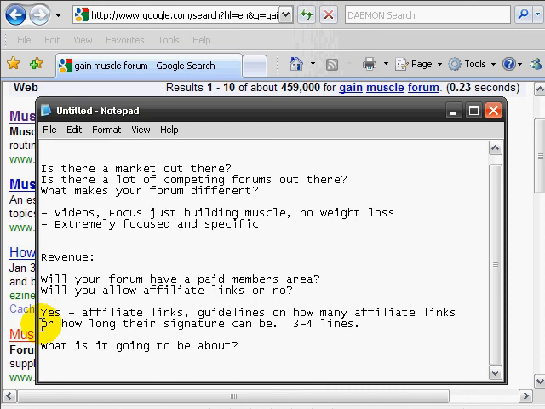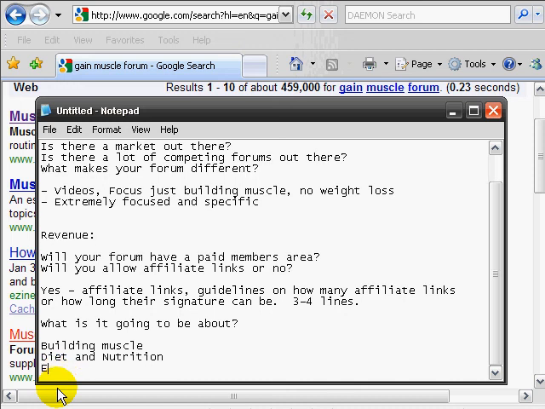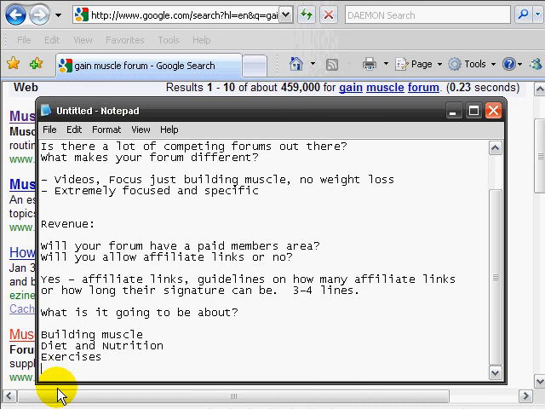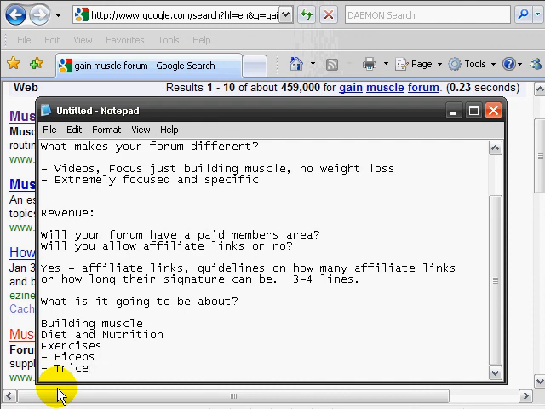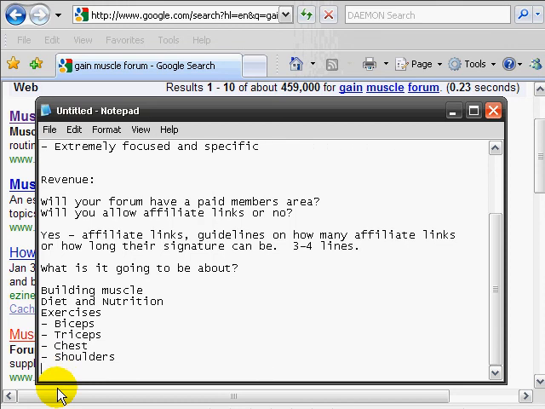And of course, it brings us to what is it going to be about? Well, I said it earlier. I said it's going to be about building muscle. And then what about building muscle? You got to break it down so you can create posts, talk about diet and nutrition, exercises, focus on different parts of the body like biceps, triceps, chest, shoulders, legs.